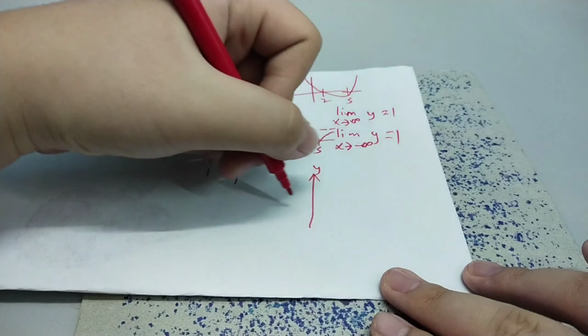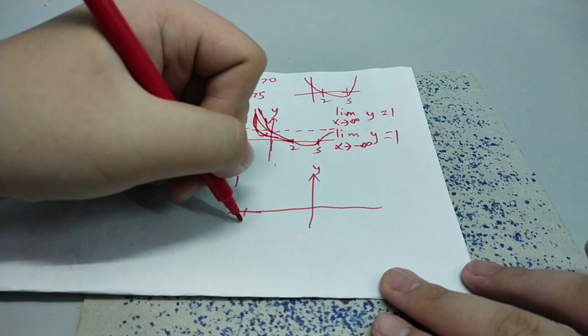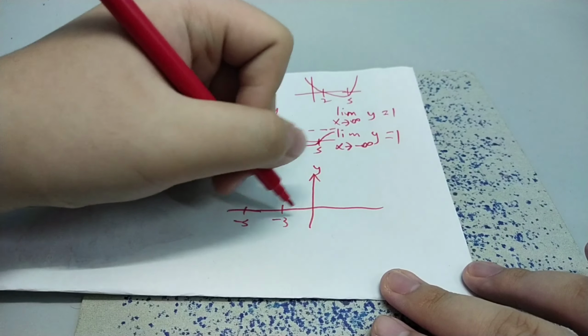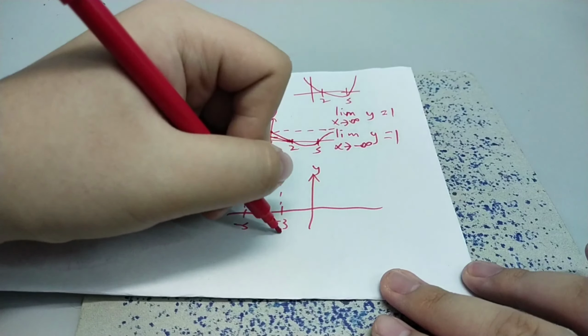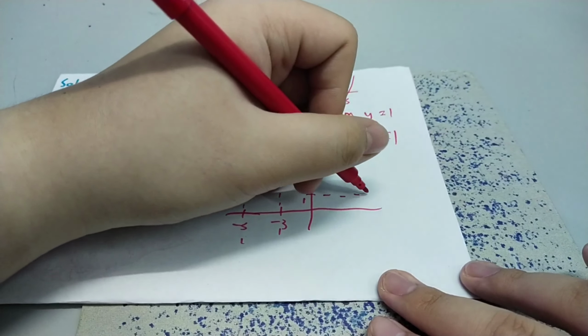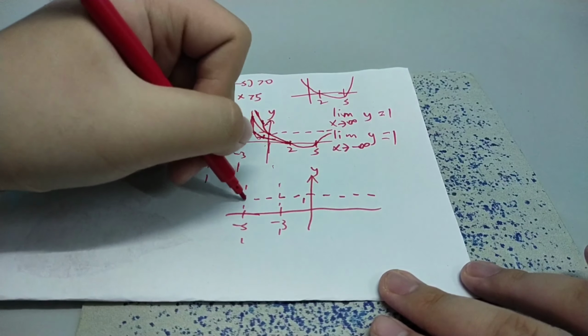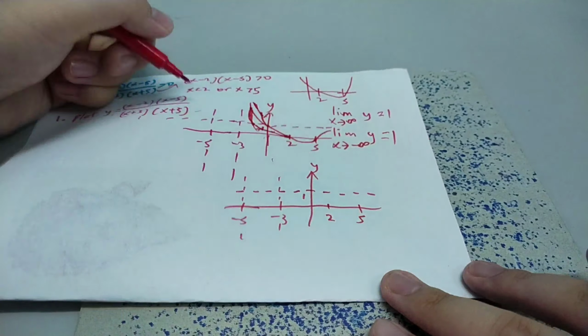So you got negative 5 and negative 3. You got the horizontal and vertical asymptotes, and then this is 1. This is 2, and this is 5.